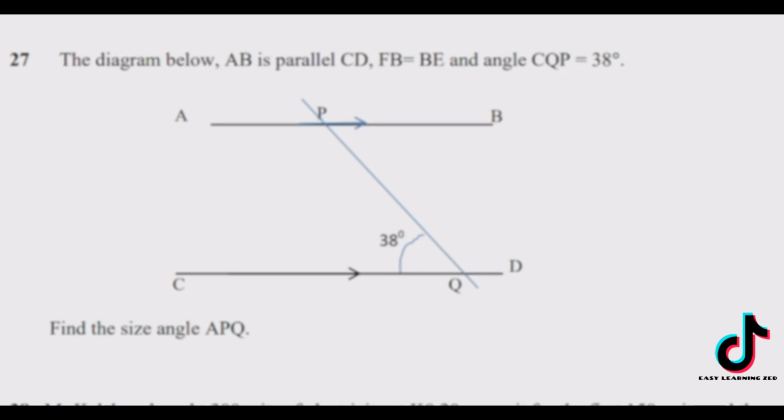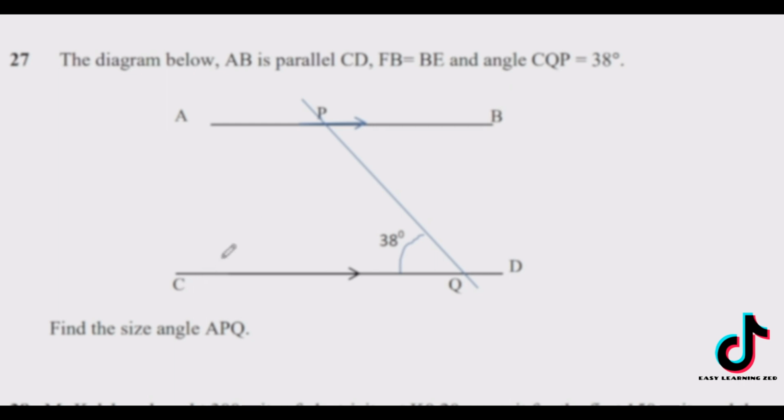Okay, question 27. In the diagram below, AB is parallel to CD. FB is equal to BE, and angle CQP is equal to 38 degrees. Let us counter check the information given and the line. So we are saying AB is parallel to CD.